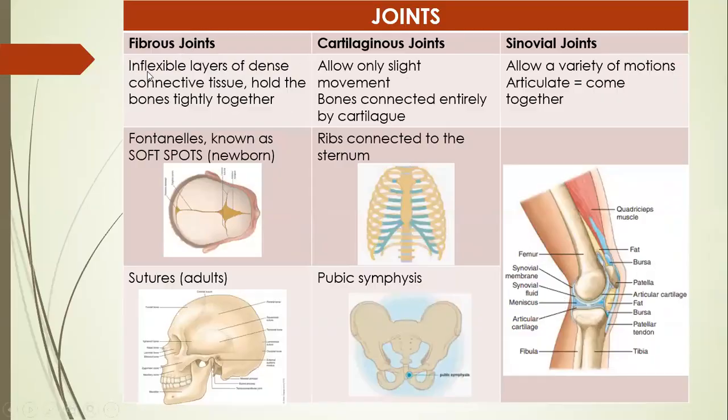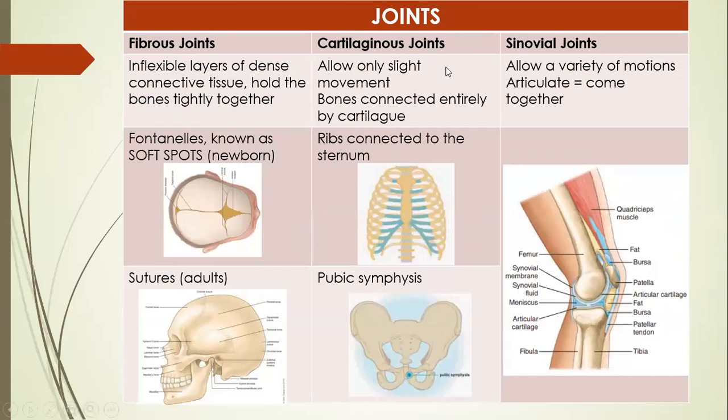We have fibrous joints, cartilaginous joints, and synovial joints. The fibrous joints, we all know these structures, inflexible layers of dense connective tissue, hold the bones tightly together. Fontanelles, or in common terms, soft spots in the newborn, and the sutures in adults.